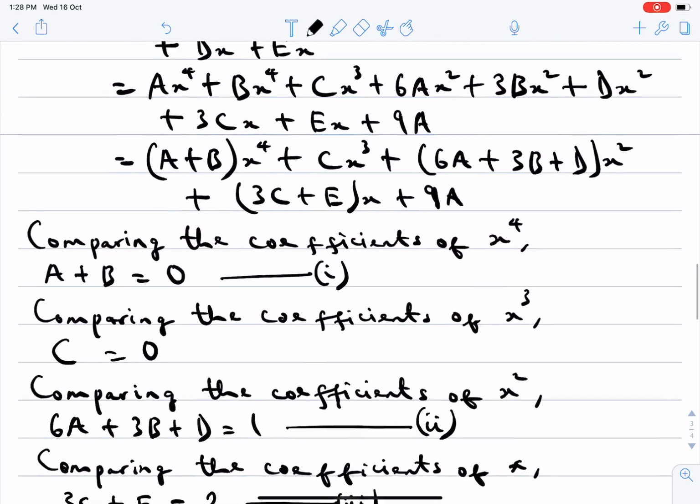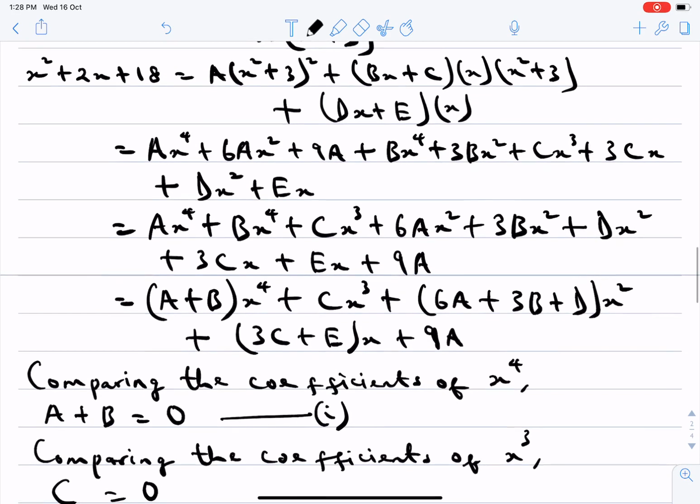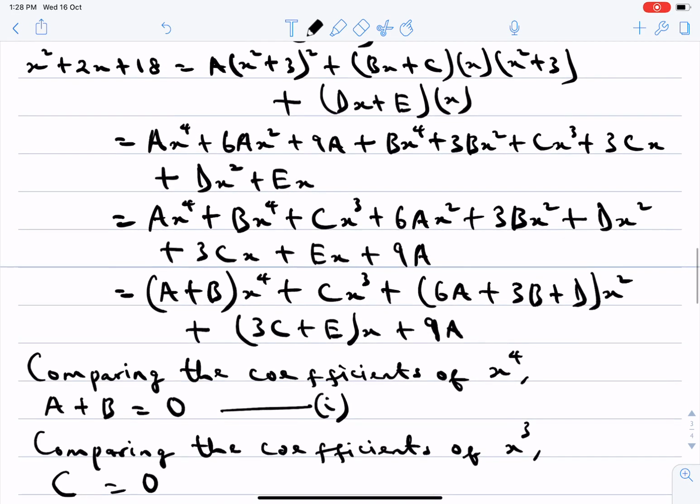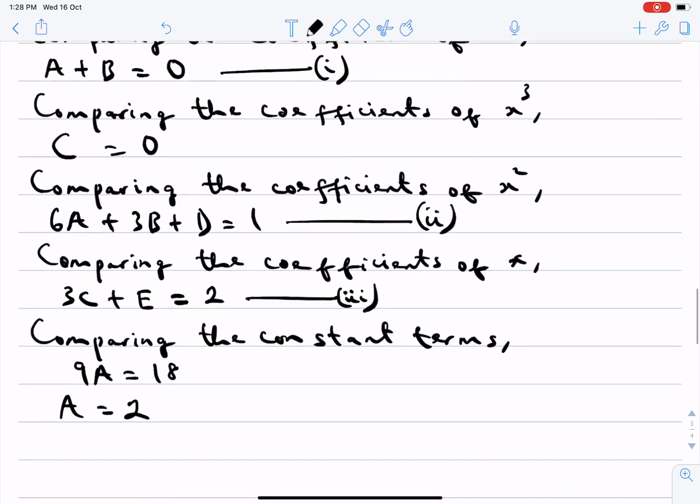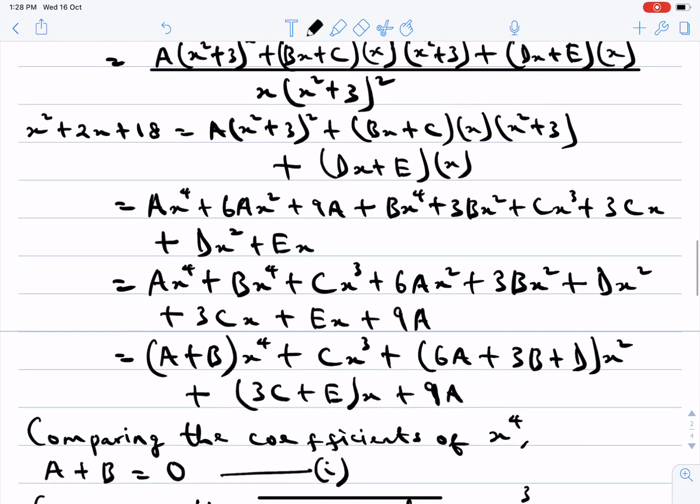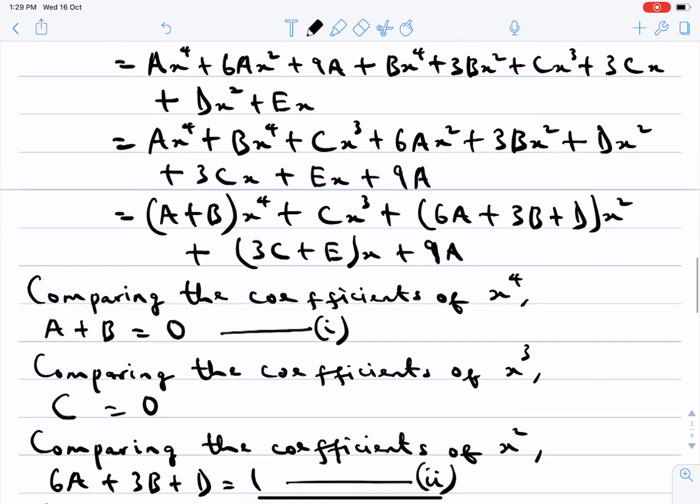Let me check and be sure that I didn't omit any other x term in the identity to get the equation 3c plus e equals 2. Let's see. Okay, I think we are still in line.